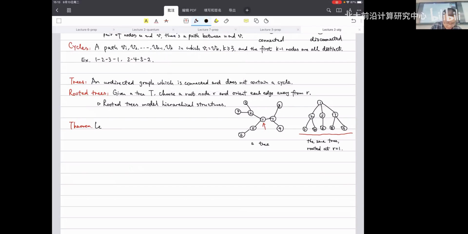Let G be an undirected graph on n nodes. I'm trying to write a bit larger so that you can see my writing more clearly. We say that any two of the following statements imply the third.